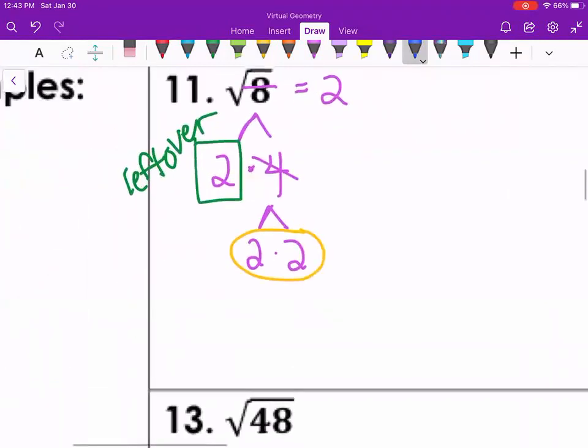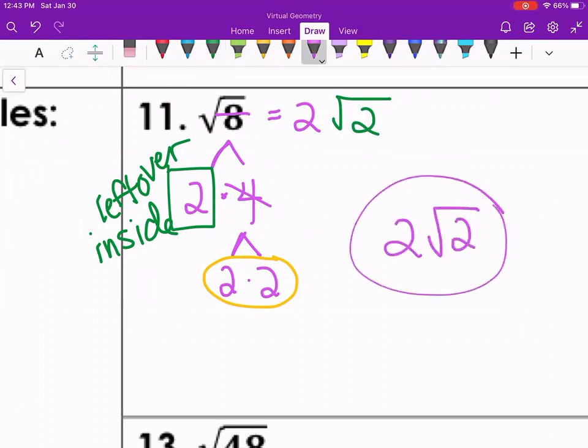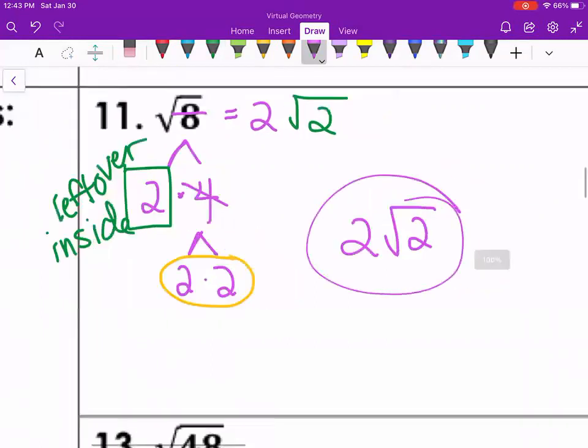All right, so because this 2 is left over, it stays inside. I'm sorry, I can't spell. So we have our radical and the 2 left over. So final answer, 2 square root 2. That's my final. Let's try another one.